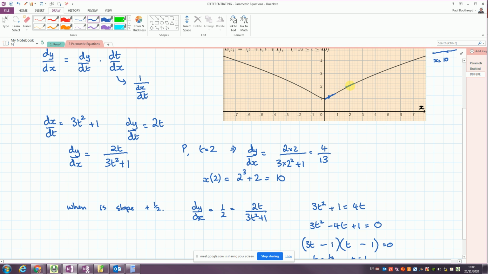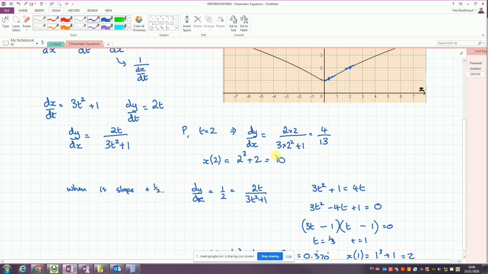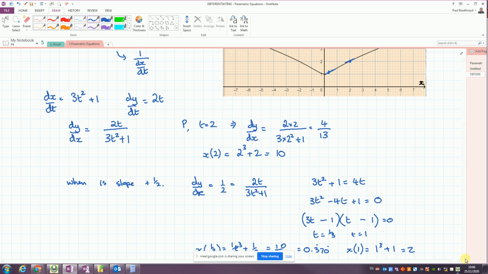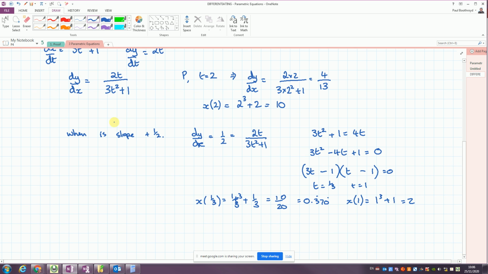So there's 1 point, there's another point, and strictly they are parallel, and that's one thing you can find from them. The reason I didn't find out where the slope is 0, when you find out when dy/dx is equal to 0, is that it's fairly trivial for this one.